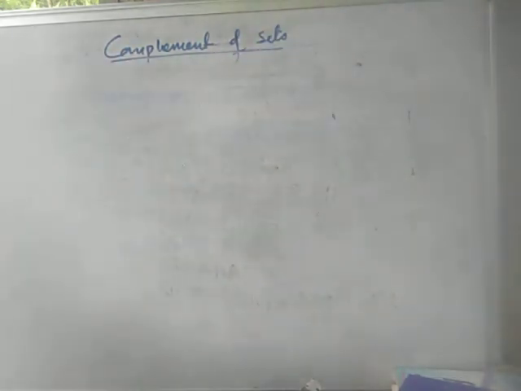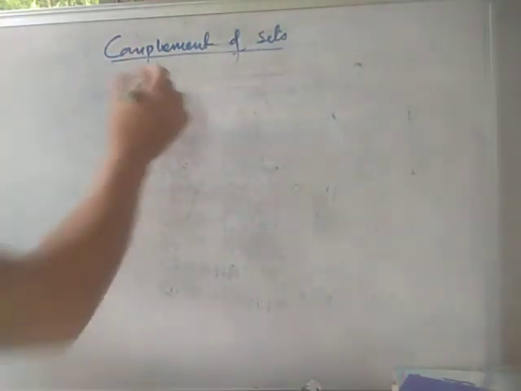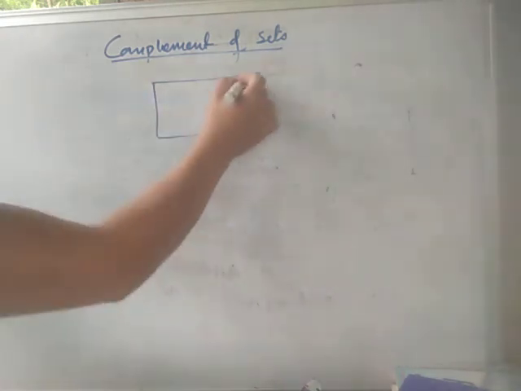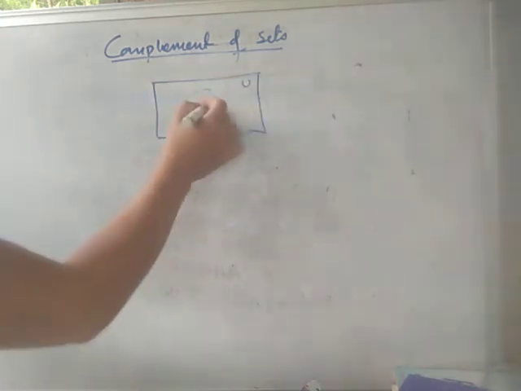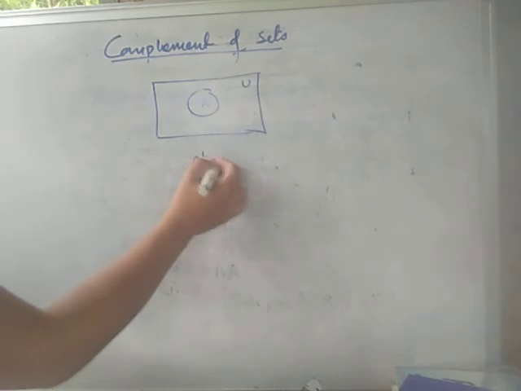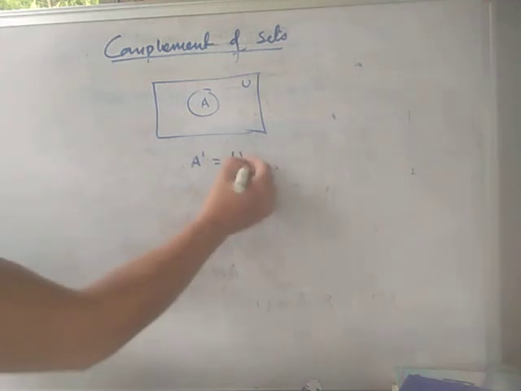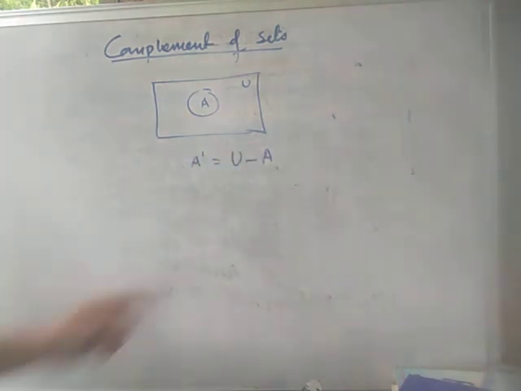So this is nothing but, first understand. Okay, see, if I have this as universal set U and A is some set. Okay, so A complement means U minus A is your A complement, isn't it?